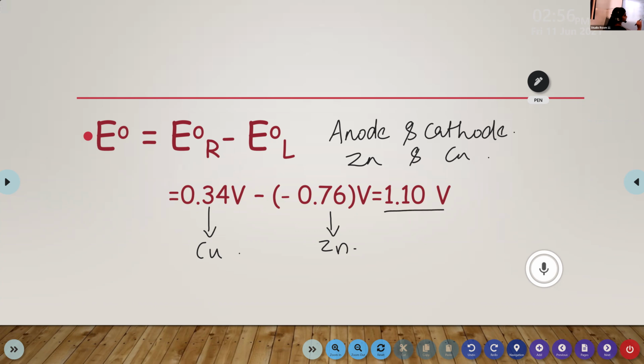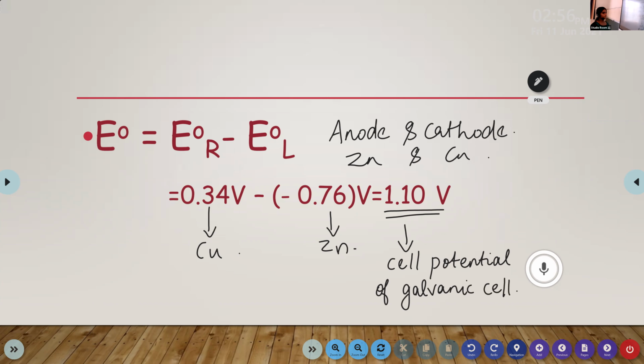This is the cell potential of the galvanic cell. Using the standard hydrogen electrode, we found the electrode potentials of zinc and copper. Now we can find the cell potential from these electrode potentials.